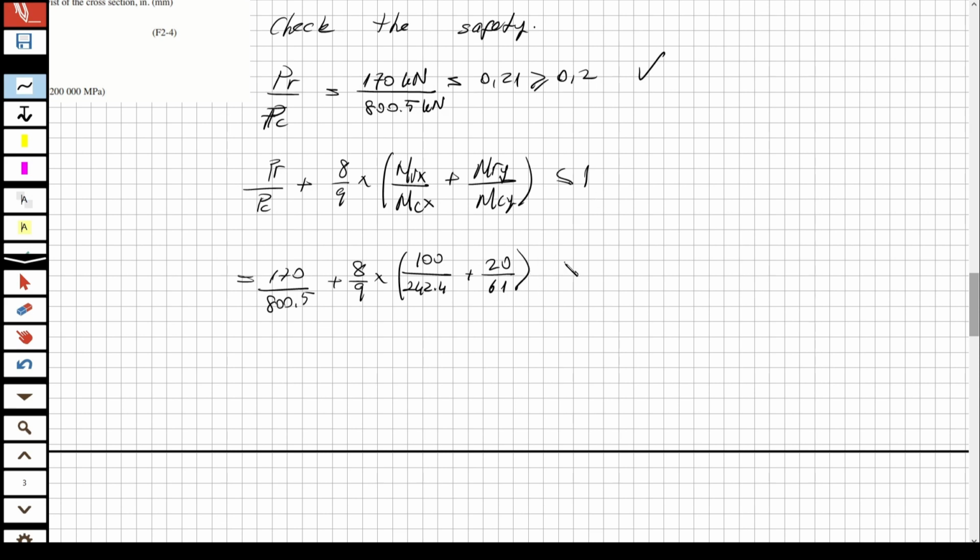Actually, we have to calculate. And this is equal to 0.87. And this is smaller than 1. So we can say that the section is safe. So now you can see that the question is solved.